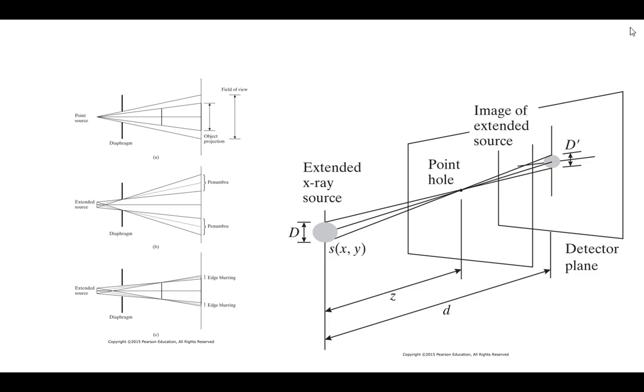That's going to cause a blur. Now, you can't remove this, but I can mitigate it. So how might I be able to mitigate this?